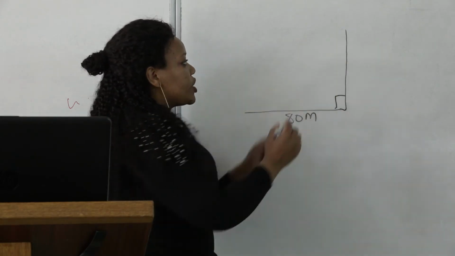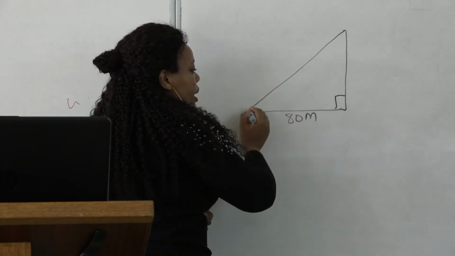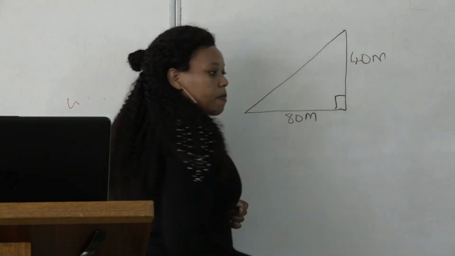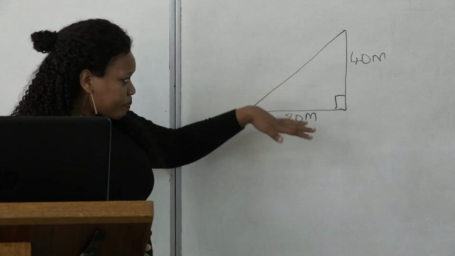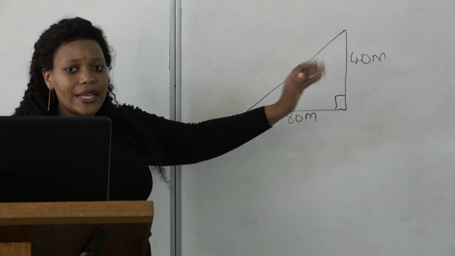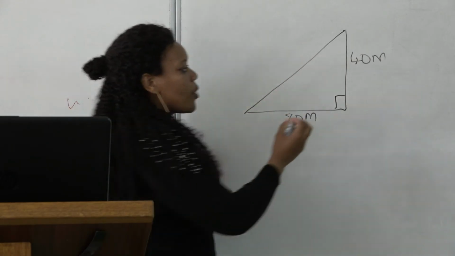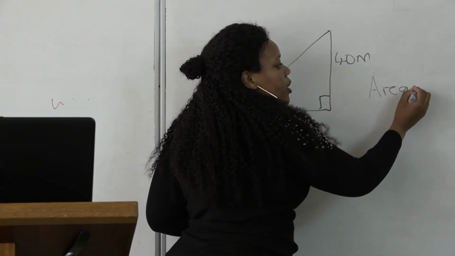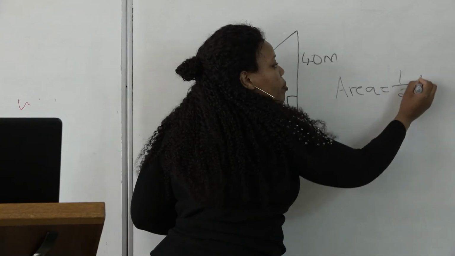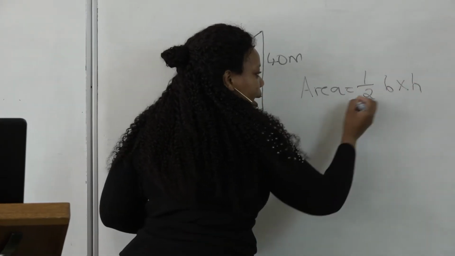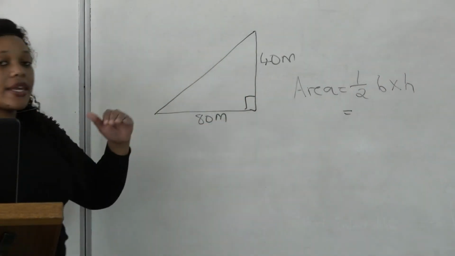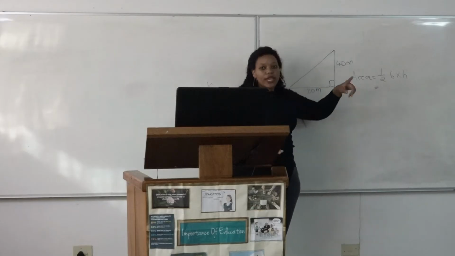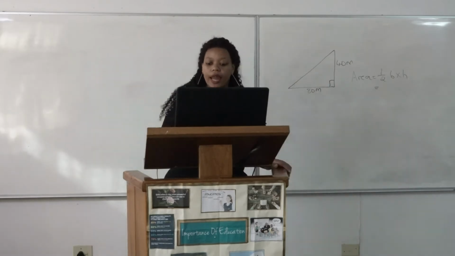We've got the perpendicular distance here, which is 40 meters. So if we are given the baseline as well as the perpendicular distance, it's whereby we use the formula area is equal to half breadth times height. Then you can now substitute these values on this formula. Okay, let us look at our solution.